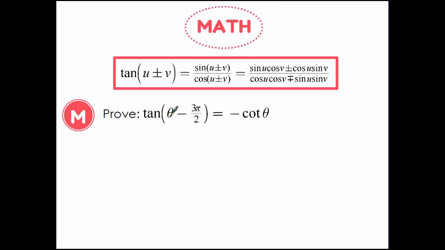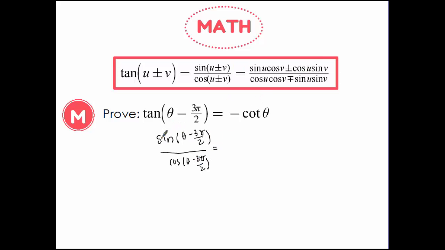So we take tangent theta minus 3 pi halves and we write it as sine theta minus 3 pi halves over cosine theta minus 3 pi halves. The parenthesis stays exactly the same when you rewrite it this way, just so you know none of the values or anything change. And then we're going to expand it.